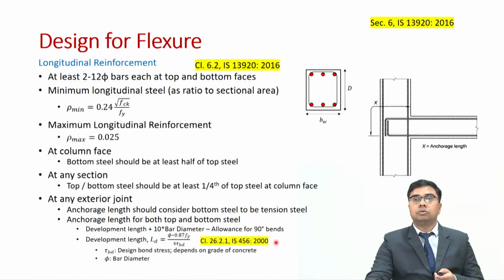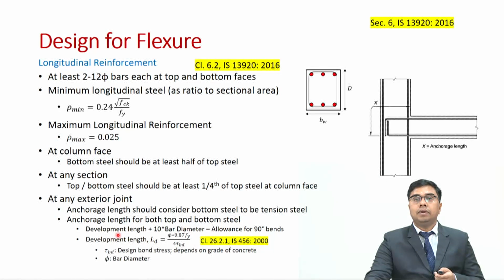I have given you the source so that you can have a better look, because it depends on tau Vd and bar diameter. Tau Vd is the design bond stress, which again depends on the grade of concrete. It is given over here in IS 456.